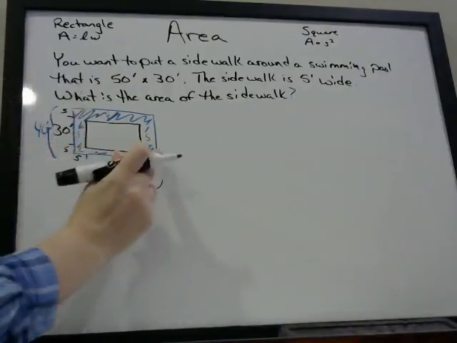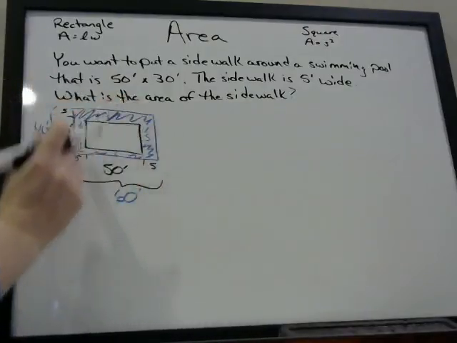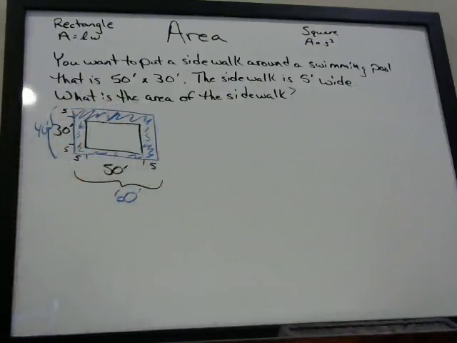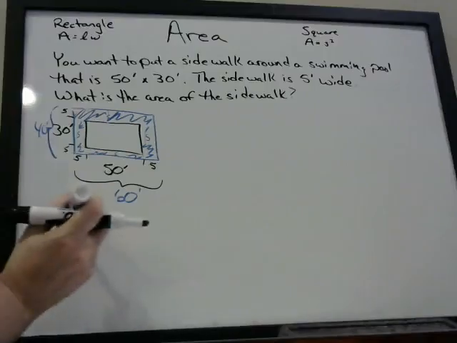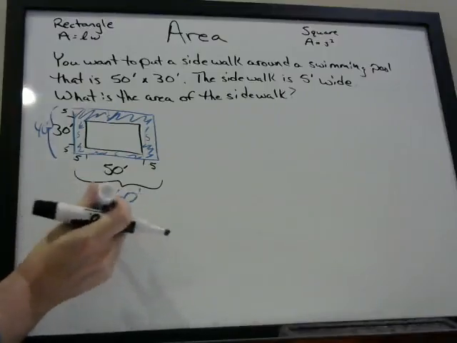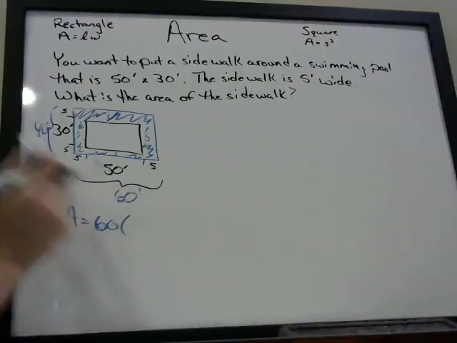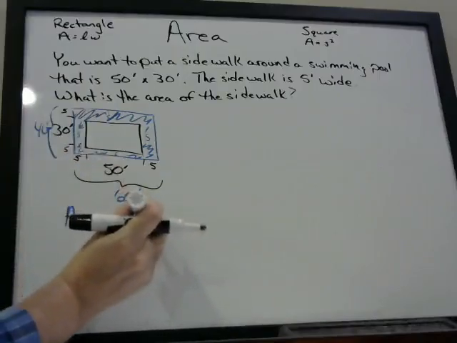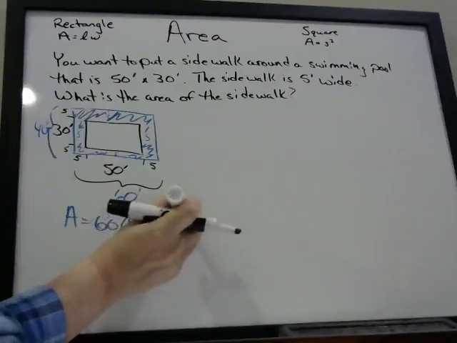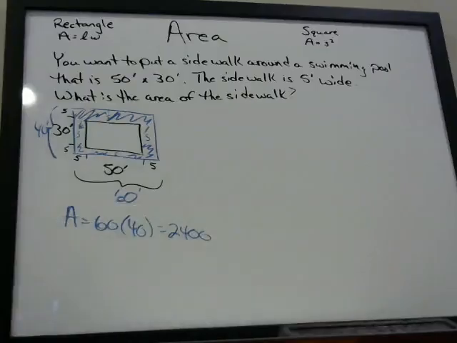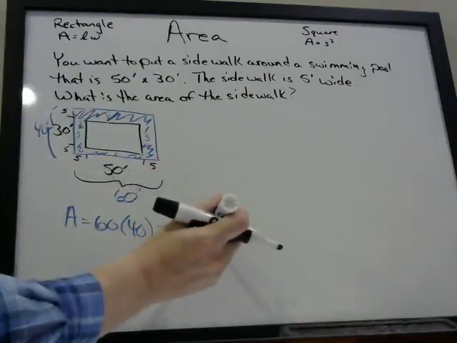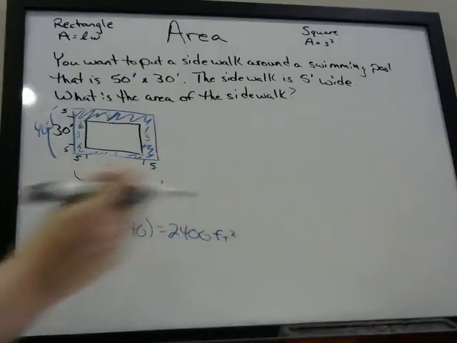So the outer rectangle that includes the sidewalk, the length is 60 and the width is 40. So the area of that bigger rectangle is 2,400 feet squared.